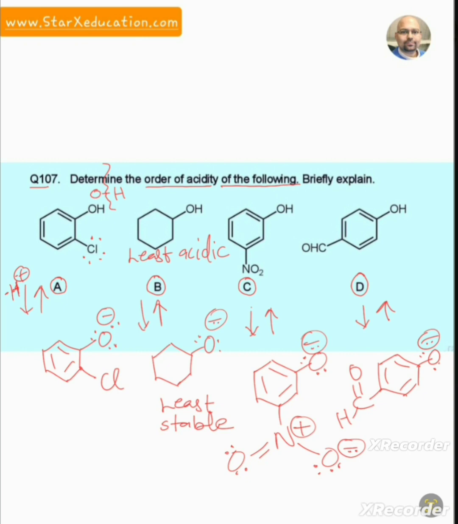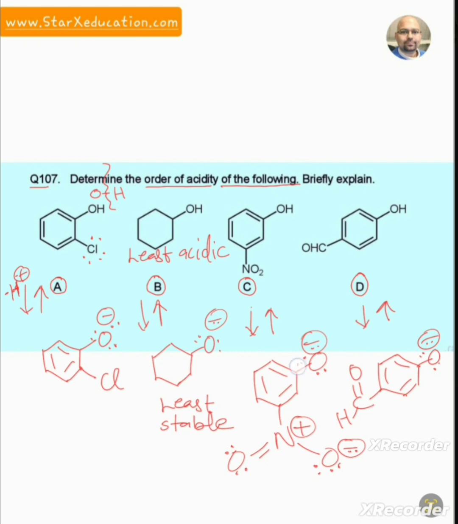So we know that nitro is one of the most strongly electron withdrawing groups, but in this case the nitro group is actually attached at a meta position to the OH group, and therefore the nitro group would not stabilize the conjugate base by resonance.